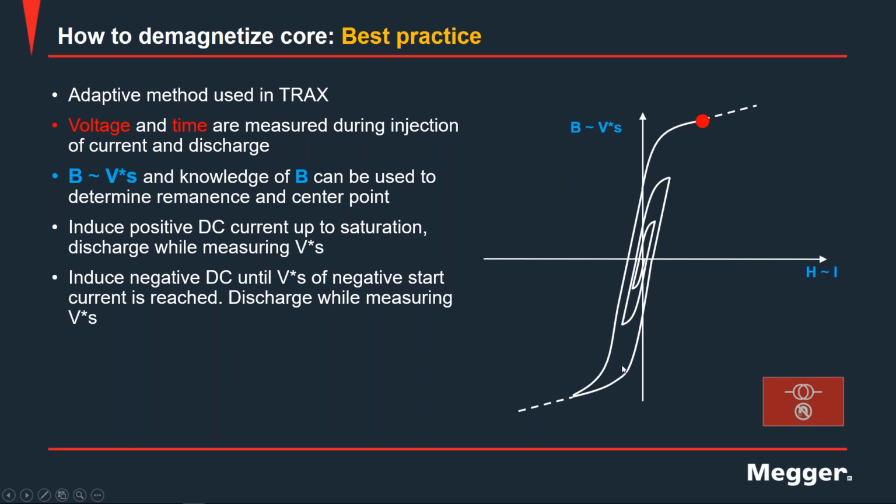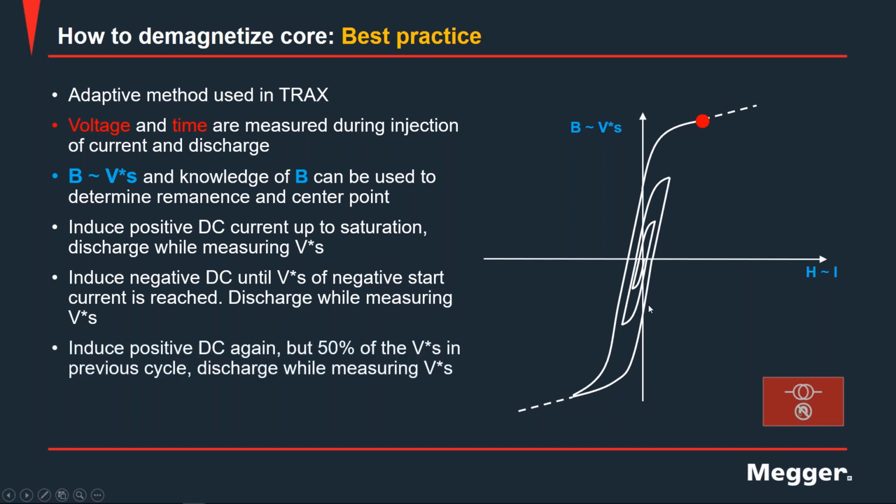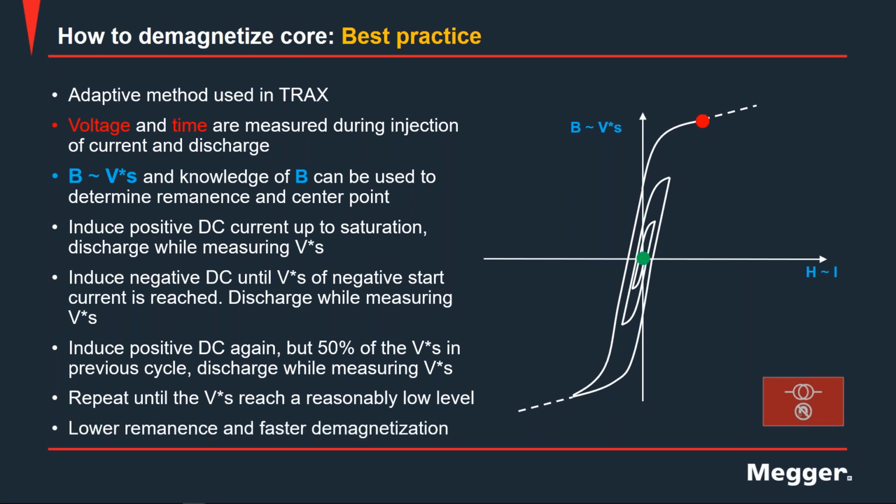And then we will discharge while monitoring the volt seconds there. We will then induce the positive DC cycle again, but only 50% of the volt seconds in the previous cycle. Again, we will discharge while monitoring the volt seconds, and we will repeat until the volt seconds reaches a reasonably low level. This results in a lower remnants and faster demagnetization.